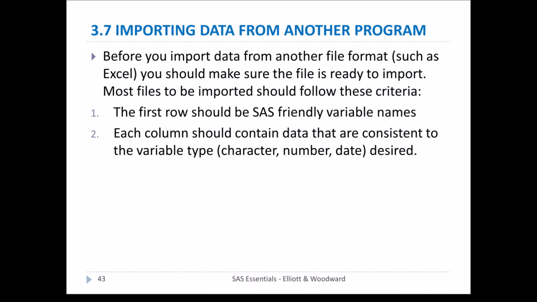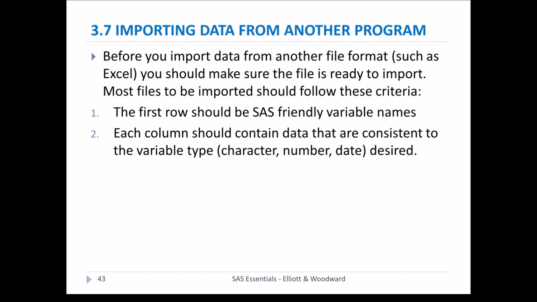Most files have to meet the following criteria: the first row should be SAS friendly variable names. We defined variable names early on, so you know what they should look like. And then each column within the Excel program should contain data that's consistent with the variable type.